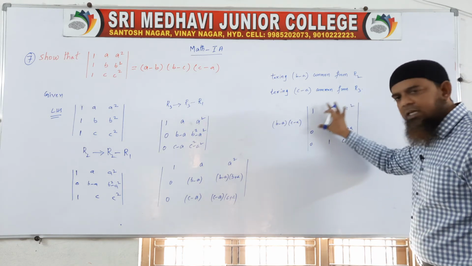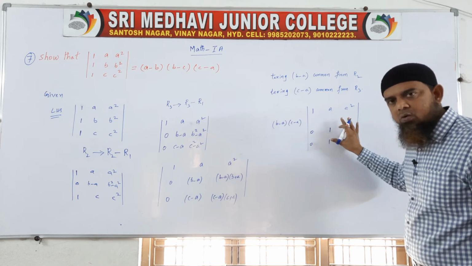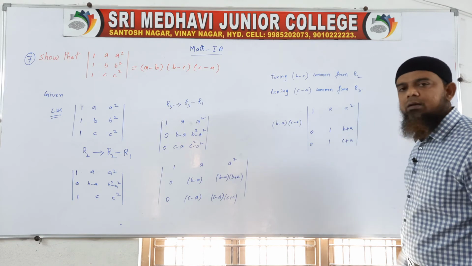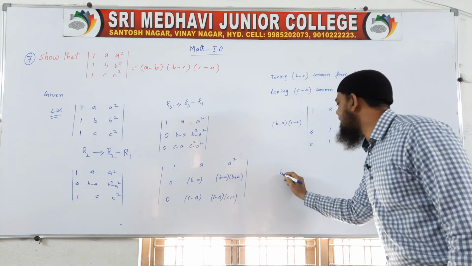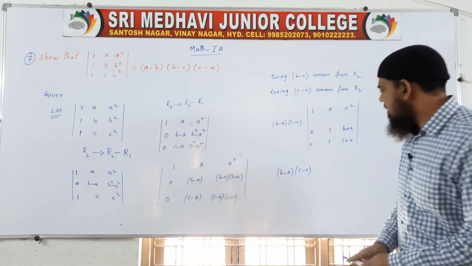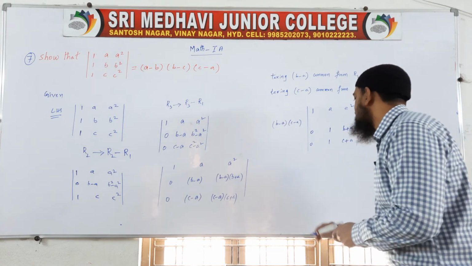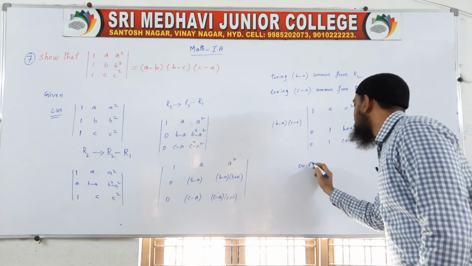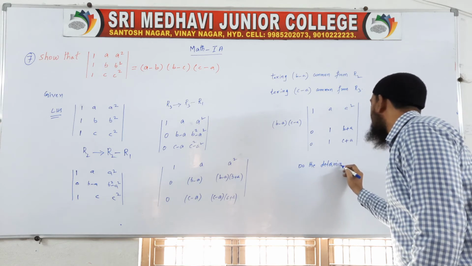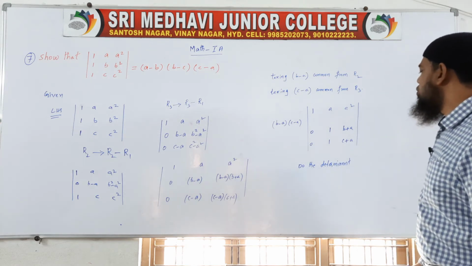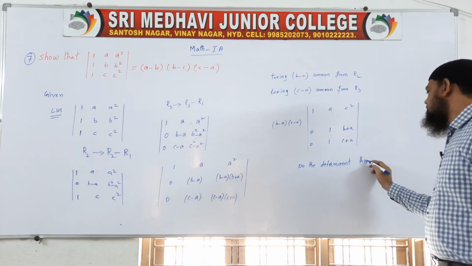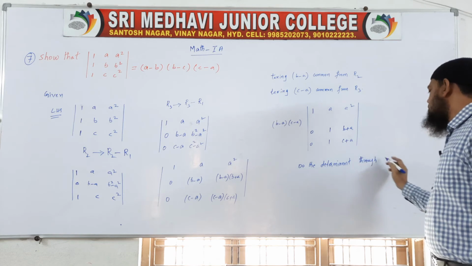Now I want to find the determinant of this determinant. How to find it? I am using C1. Very simple. See, B minus A into C minus A. Do the determinant through C1.